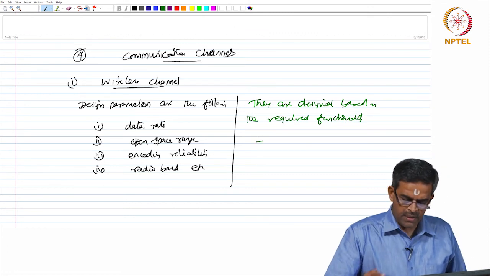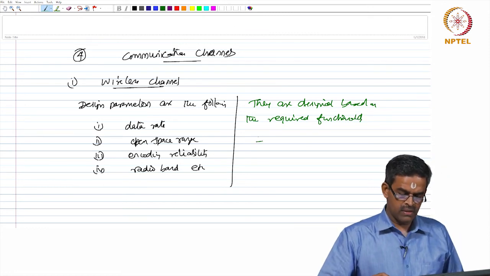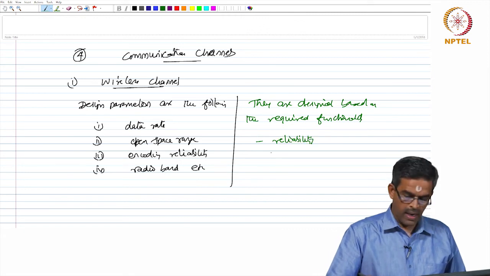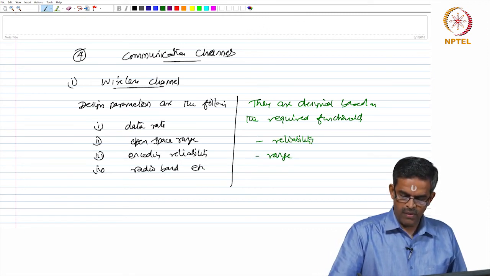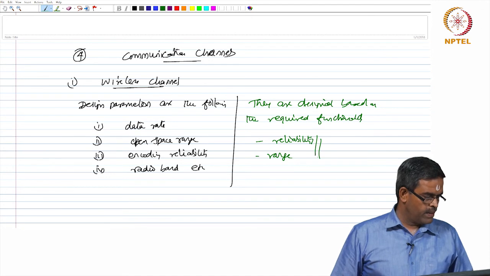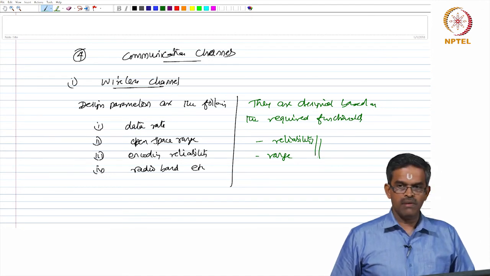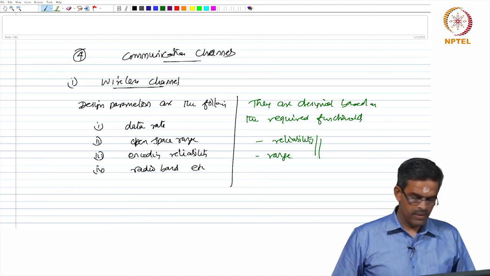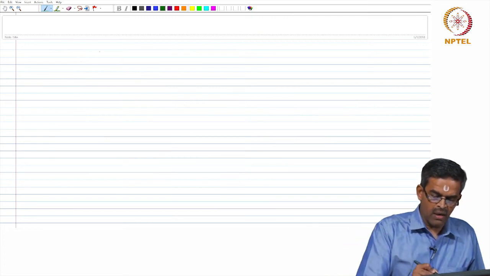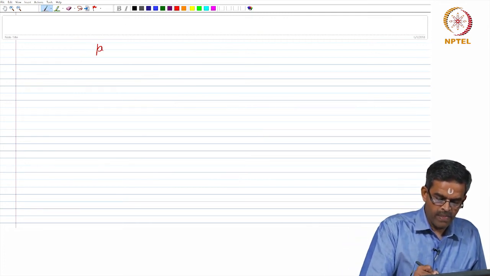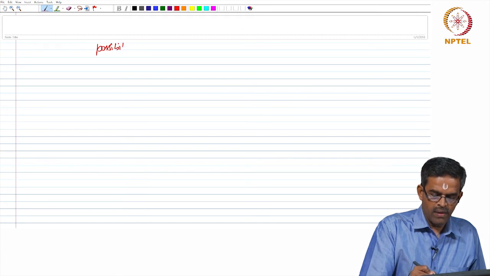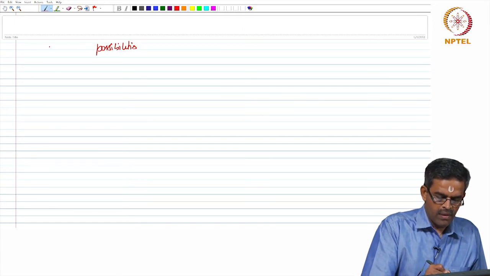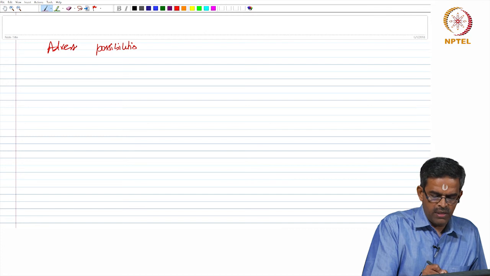The main parameters in choosing these sensors or the channel could be the range of communication. In case of wireless communication over a larger area, there can be a possibility of data loss, which are adverse possibilities.